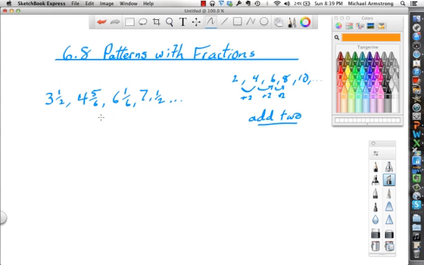The first thing that we want to do is recognize that we're using mixed numbers, whole numbers with fractions, and that we need to use fractions that have equivalent denominators. So we've got to take our 1/2 and our 5/6, 1/6. We can see that we've got halves and sixths.